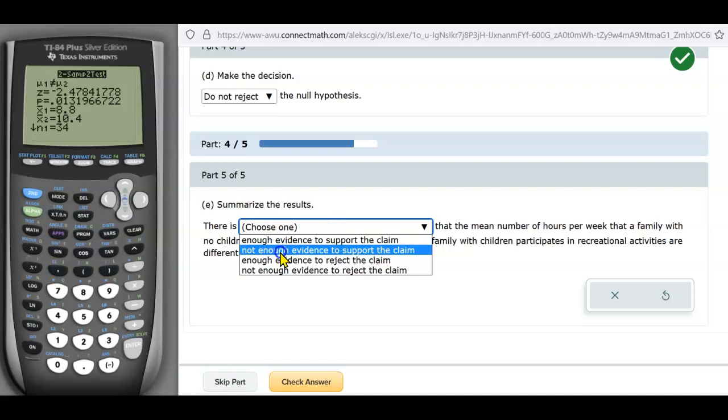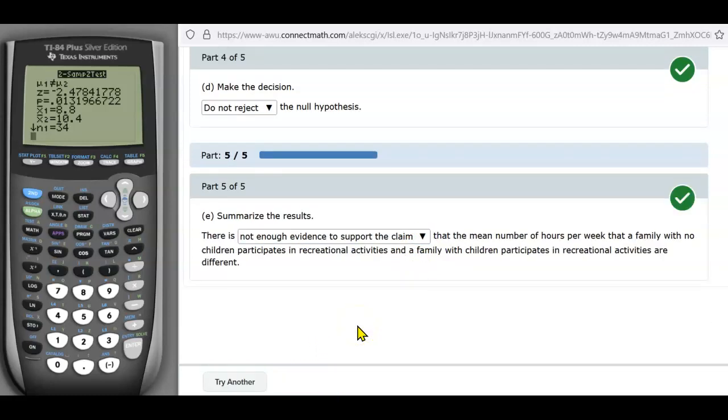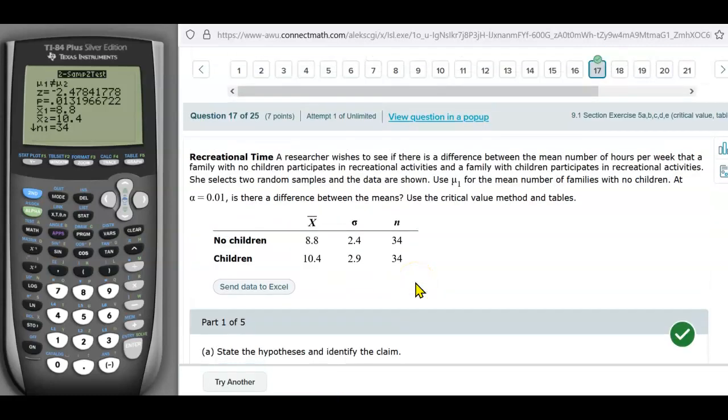There is not enough evidence to support the claim. That's what we said earlier. So we don't have enough evidence to support the claim. It means we don't have enough evidence to reject H0. They are exactly the same thing. Check it and done. All right, I hope this will help.